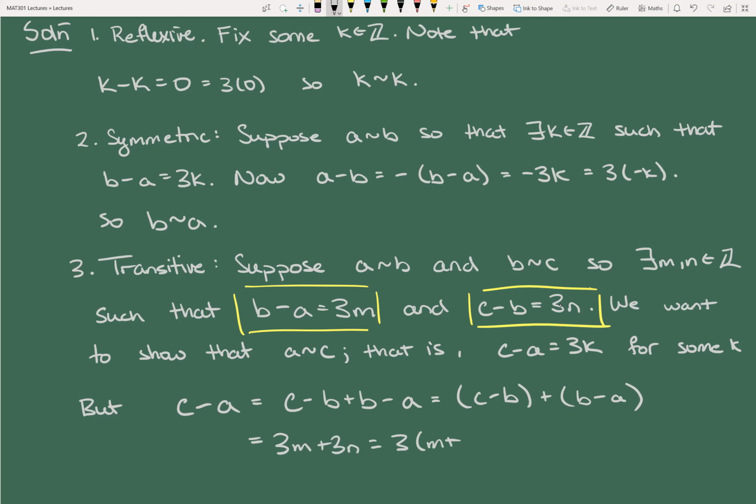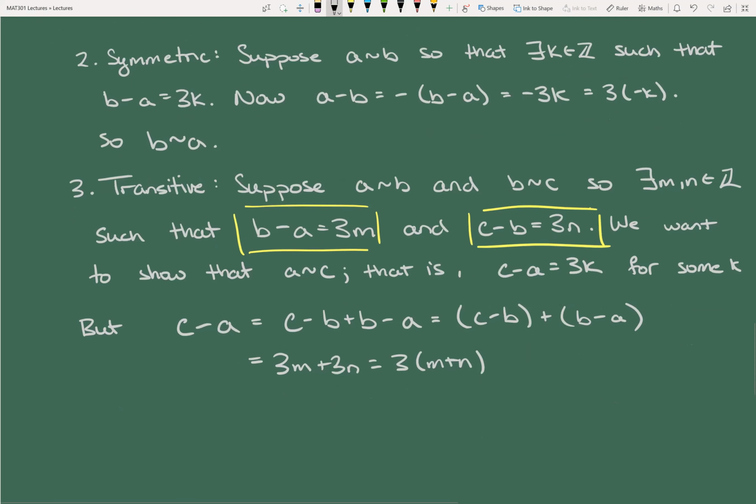And lo and behold, we're good to go, right? So setting K equal to M plus N does the trick. And there we have it. We've now shown that this is an equivalence relation.